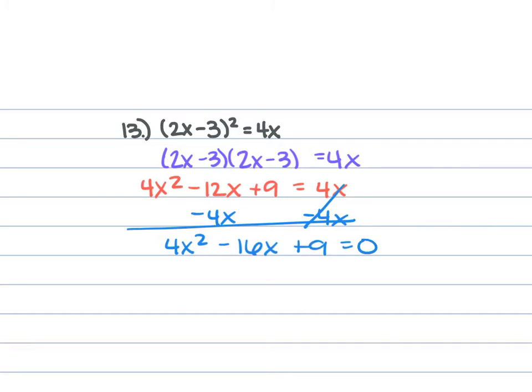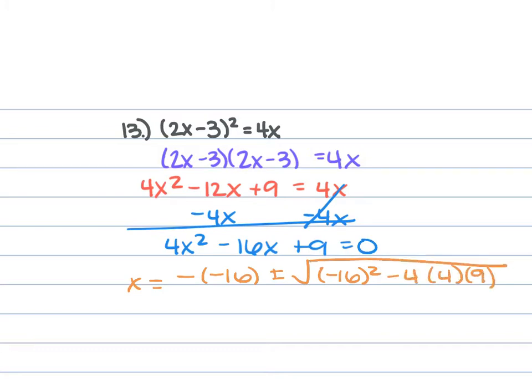From here, I'm just going to use my quadratic formula. So I'm going to have x is equal to a negative times negative 16 plus or minus the square root of negative 16 squared minus 4 times 9 all over 2 times 4.